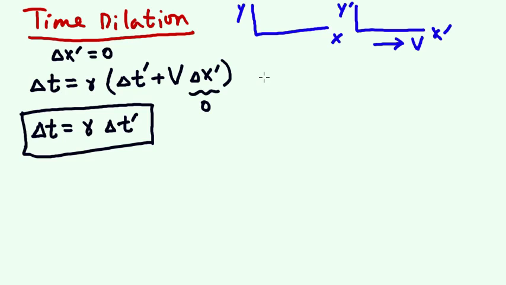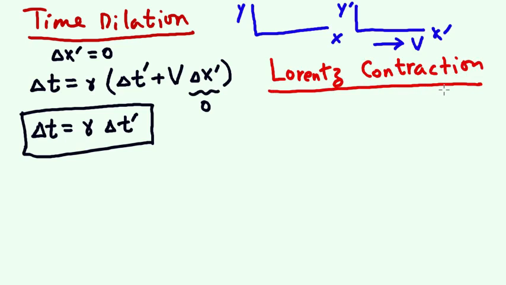Let me mention a related effect, which is the Lorentz contraction effect. Using the same sort of argument, we can figure out the length measured from two different reference frames.